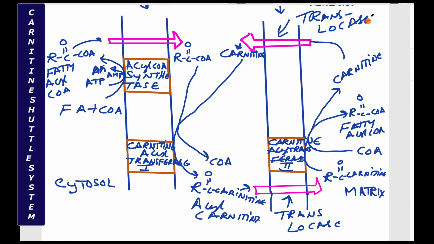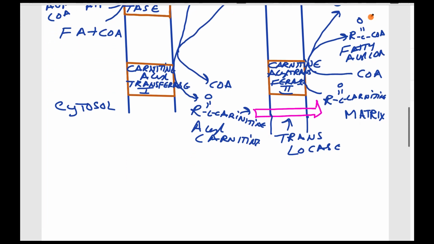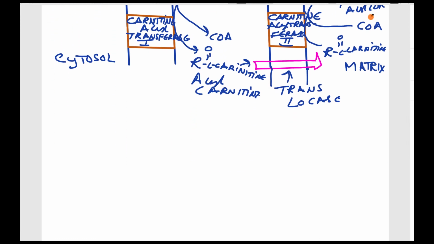That means the carnitine shuttle system consists of carnitine acyl transferase 1 (CAT1), carnitine acyl transferase 2 (CAT2), and translocase.